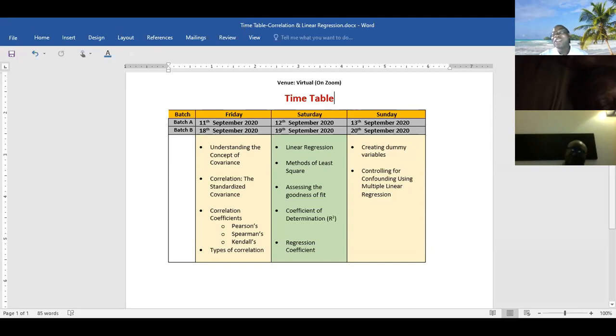You discover that regression is the same thing as ANOVA. We're going to see that ANOVA is one of the methods to assess the goodness of fit. So ANOVA is just part of regression. Then the coefficient of determination, which also takes us back to correlation, and how it relates to regression.